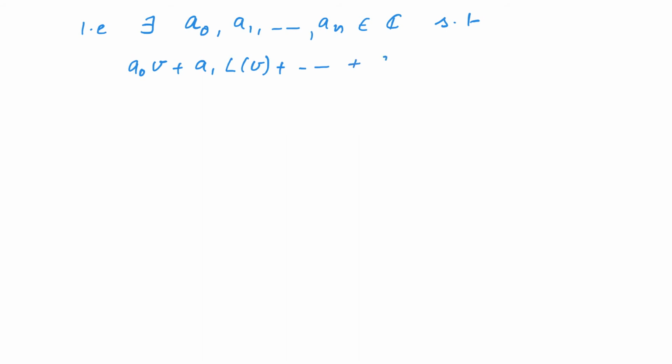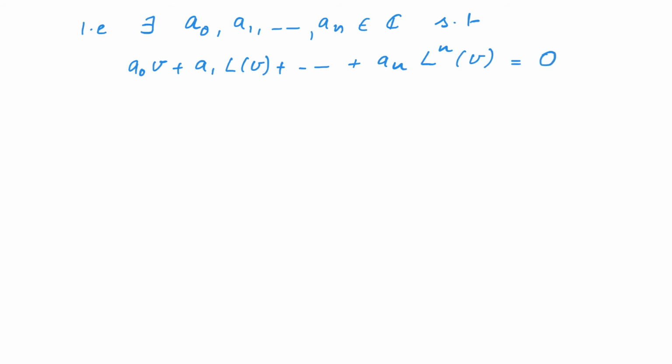That is, there exist constants a0, a1, etc., up to an such that a0 into v plus a1 into L of v plus etc., up to an into L power n of v is equal to 0.